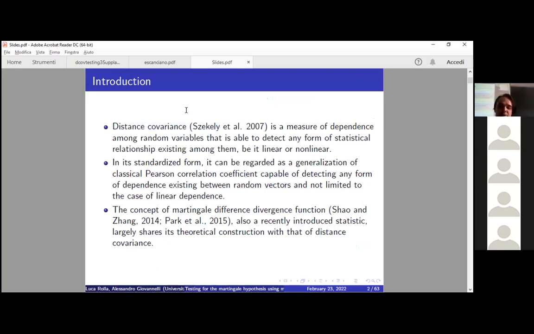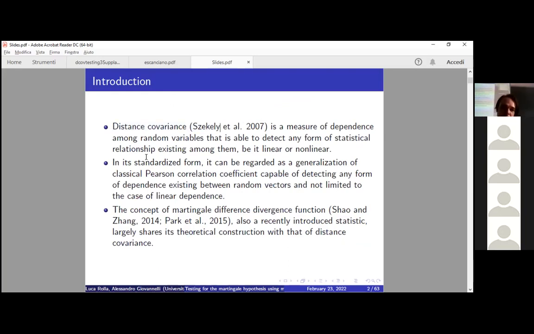Distance covariance is a statistical measure capable of discovering any kind of link between two random vectors. In this sense, it is able to capture any form of statistical dependence between these vectors, be it linear or nonlinear.